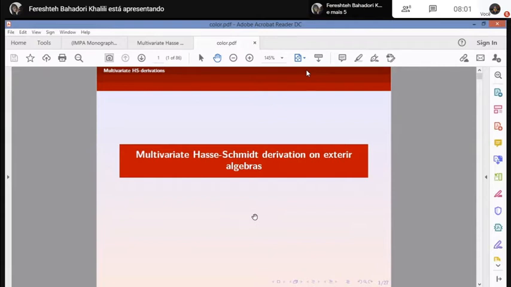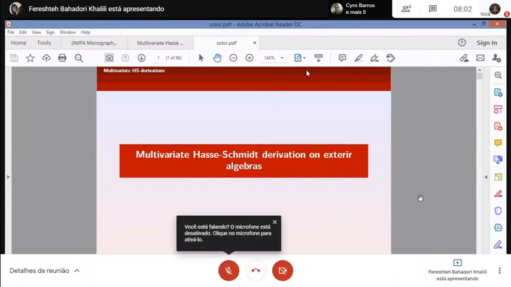And these Hasse-Schmidt derivations have very nice features and applications in different areas of mathematics, such as in geometry, for example, they can describe completely the Schubert calculus on Grassmann varieties. So I think they are very nice to study.